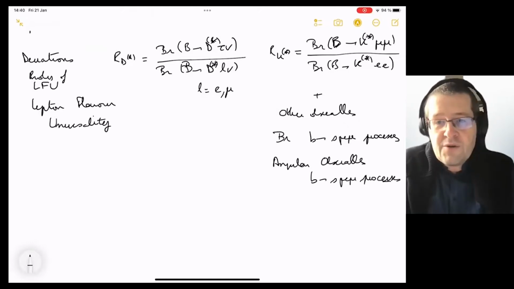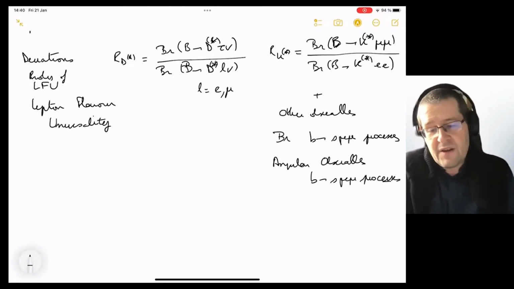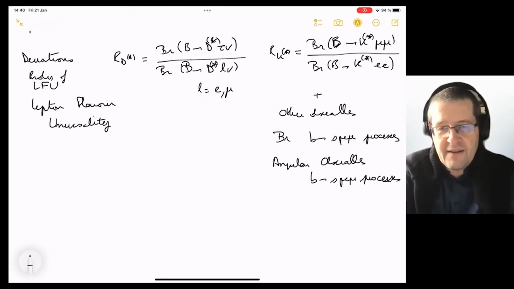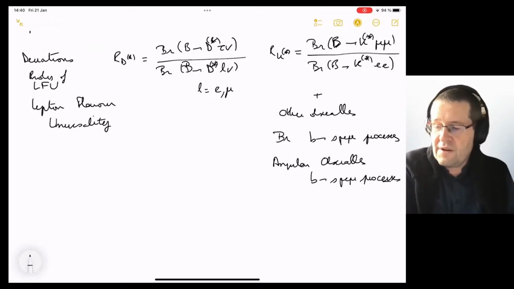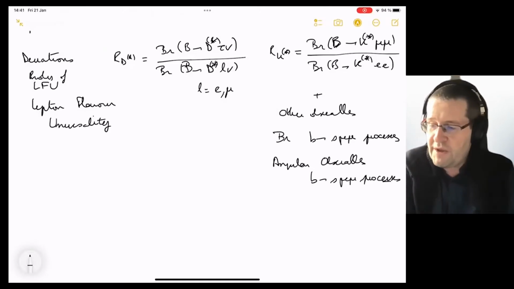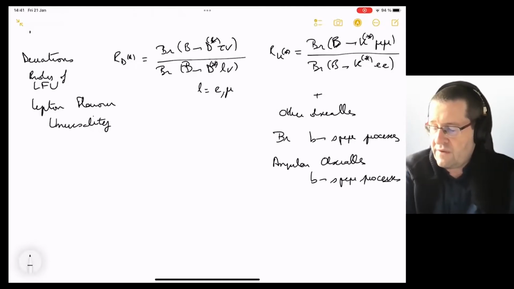Whereas for the B to S e e case, you don't see any deviation. Obviously, the statements are within the theoretical and experimental uncertainties currently available, but clearly there is something going on more for the B to S mu mu transitions than for the B to S e e transitions concerning deviations with respect to the standard model.